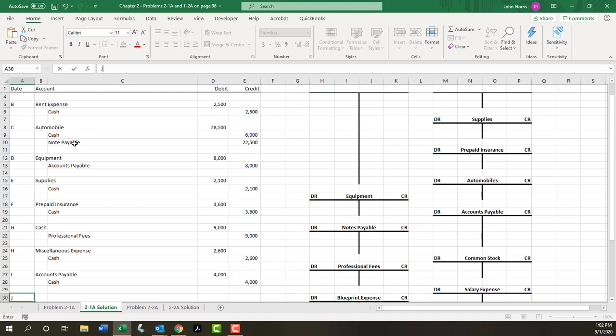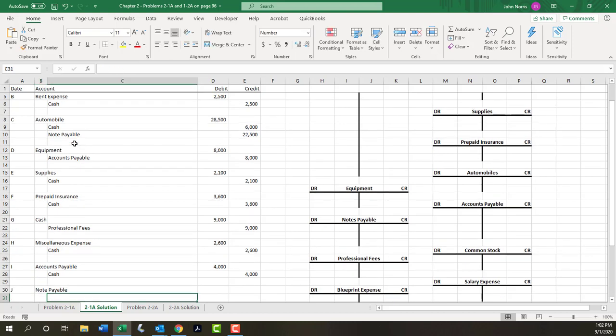J, paid the installment due on note payable. So we're going to reduce the liability for note payable, and we're reducing it by paying cash in the amount of $1,875.